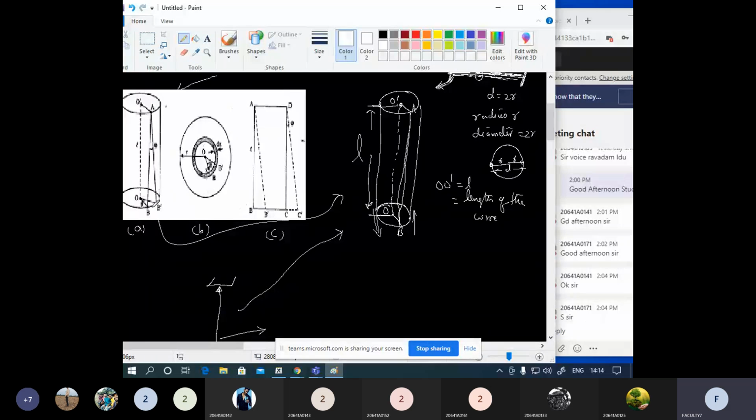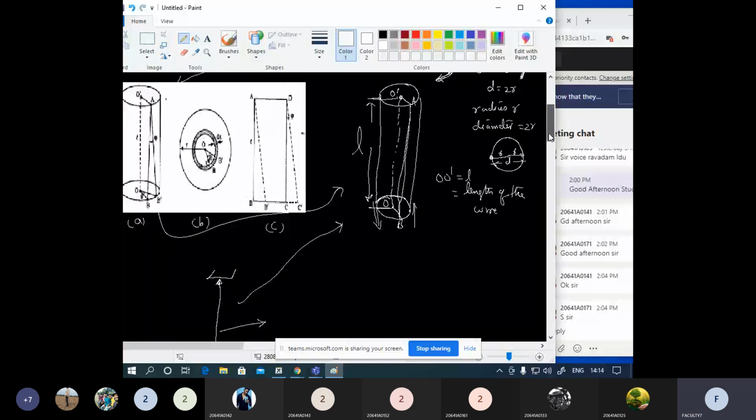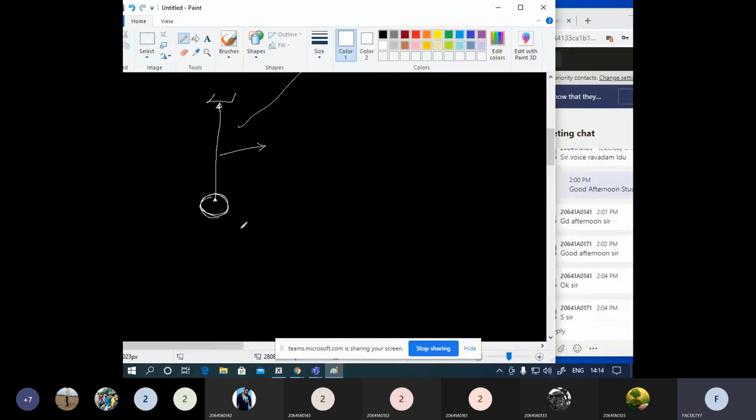Now if you twist this, if you apply the torque or the couple, what can you expect here? If you are applying a couple, you are going to move this particular dotted part through a certain angle. You are going to get the angular displacement.